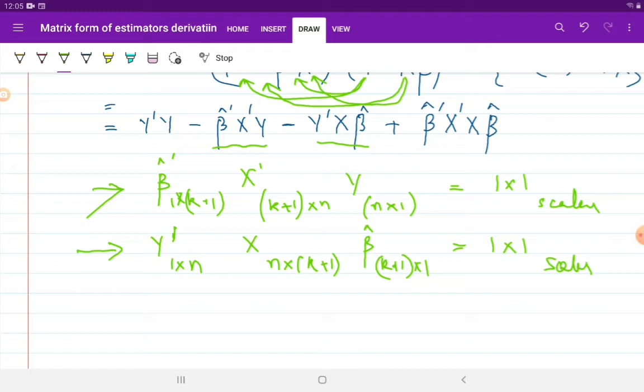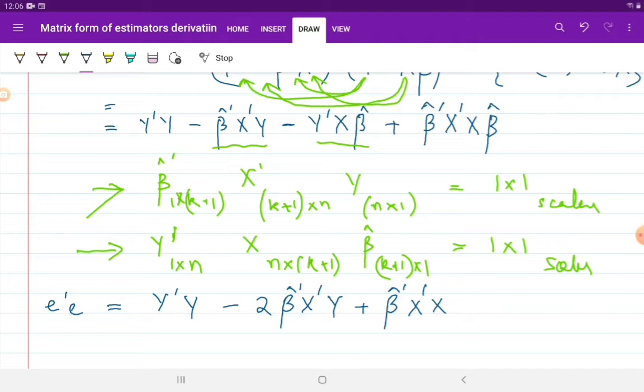Scalar values can definitely be added, which is why I can write E transpose E as y transpose y minus 2 times beta hat transpose x transpose y plus the last term, beta hat transpose x transpose into x into beta hat.